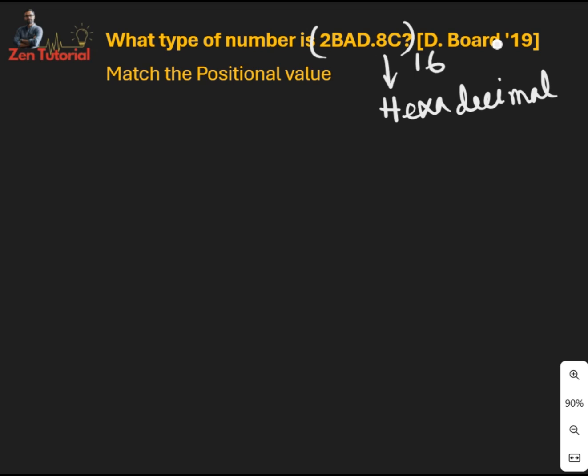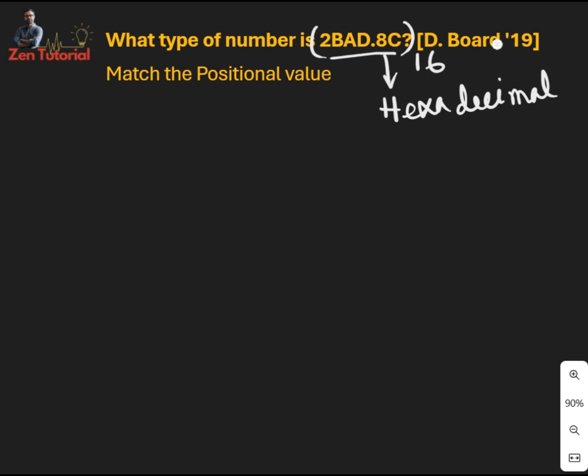The second part of the question matches the positional value of this number. Indeed, the positional number represents the weighted or positional value of this number in decimal.